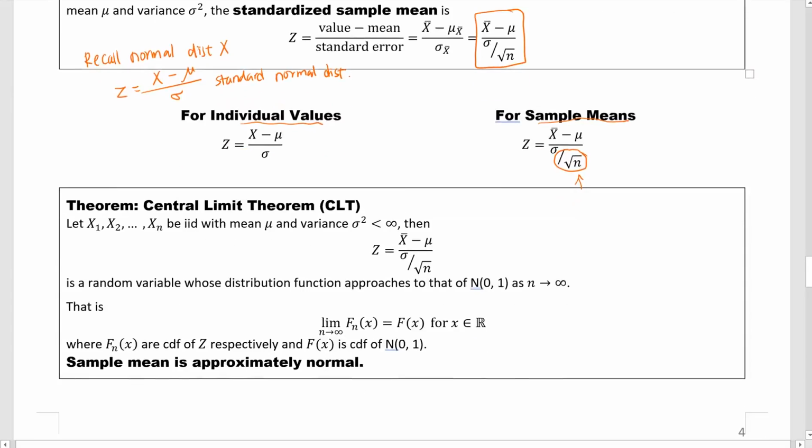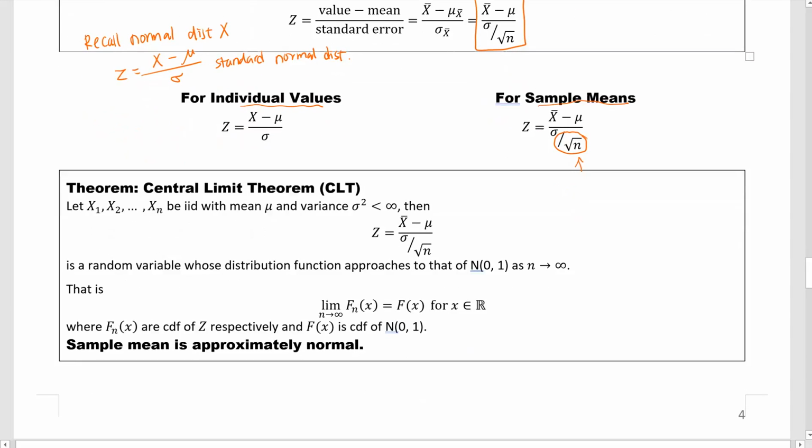Right, next, let's talk about another important theorem of our course, the central limit theorem. We have two important theorems, the law of large numbers and the central limit theorem. The law of large numbers tells us that the sample mean approximates the population mean. How about the central limit theorem? Suppose x1, x2, x sub n are IID with mean mu and variance sigma squared, and suppose sigma is less than infinity.